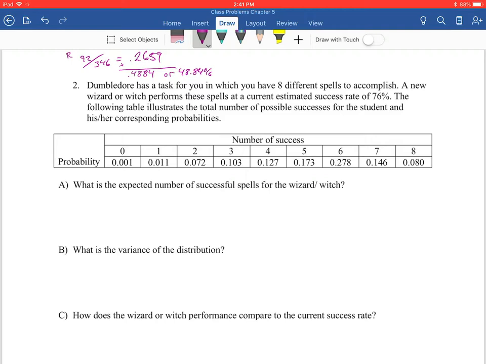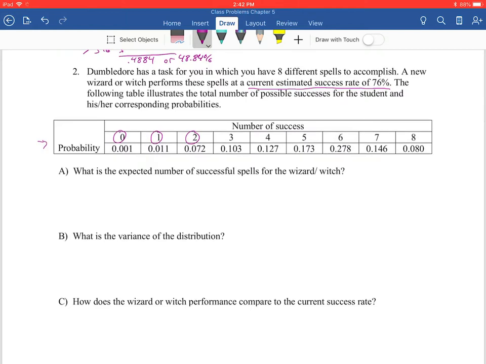So what we have here is the probability of this student completing 0 correct spells, 1, 2, 3, 4, 5, 6, 7, 8, and this is the probability of each of these being correct for that particular number. So that is how this problem is set up.